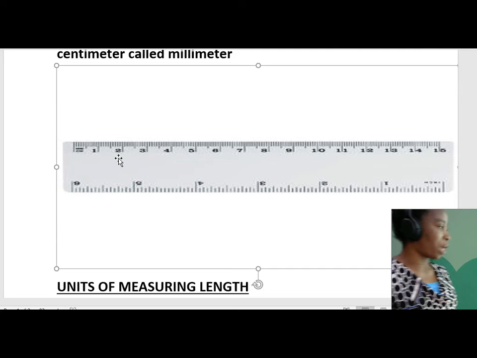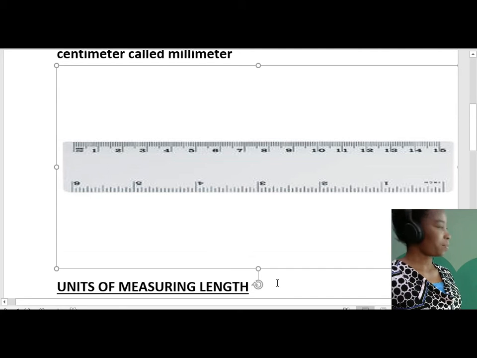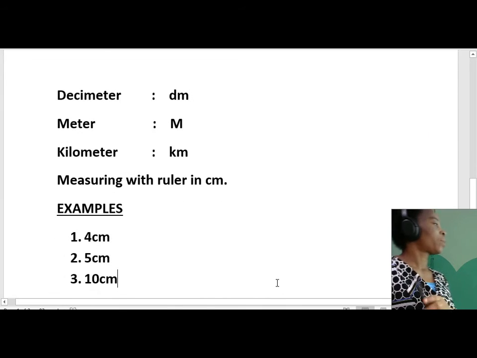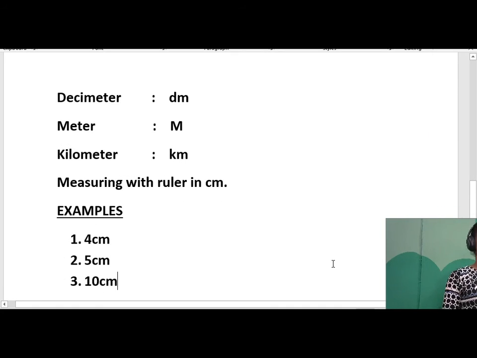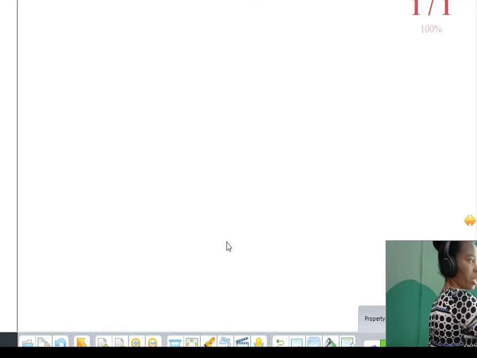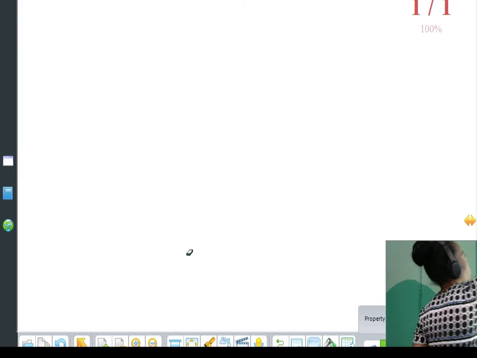So here we go. To start the measurement, like as I said, for example, you need to start measuring for number one, which is 4 centimeter, written 4 cm.